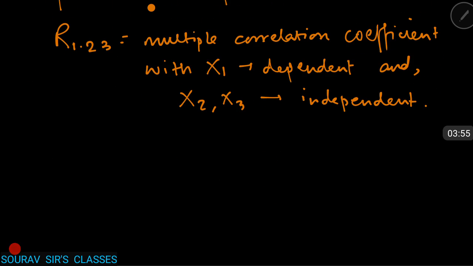Similarly, R2.13 is the multiple correlation coefficient with x2 as dependent variable and x1 and x3 as independent variables, and R3.12 is the multiple correlation coefficient with x3 as dependent variable and x1 and x2 as independent variables.